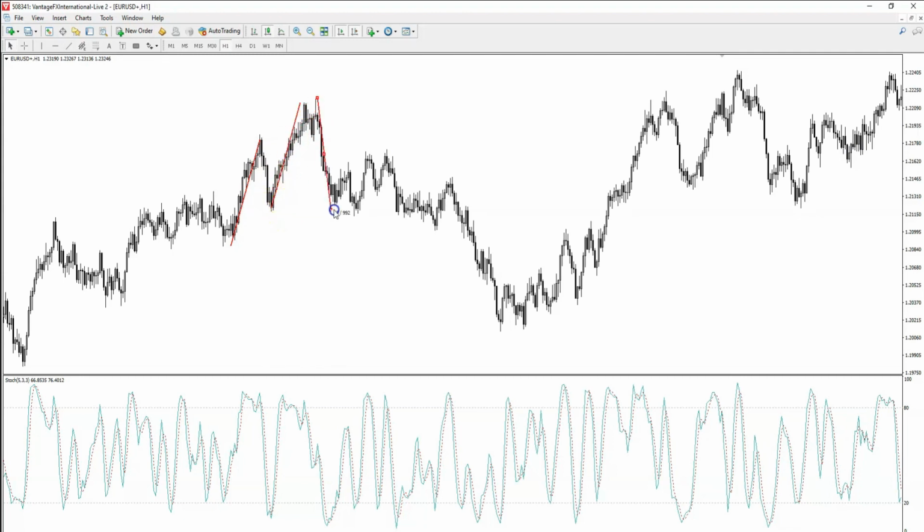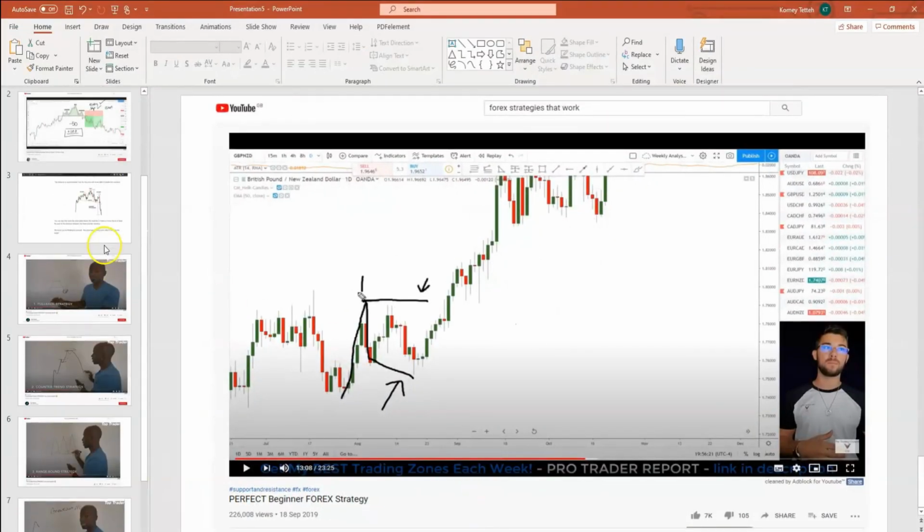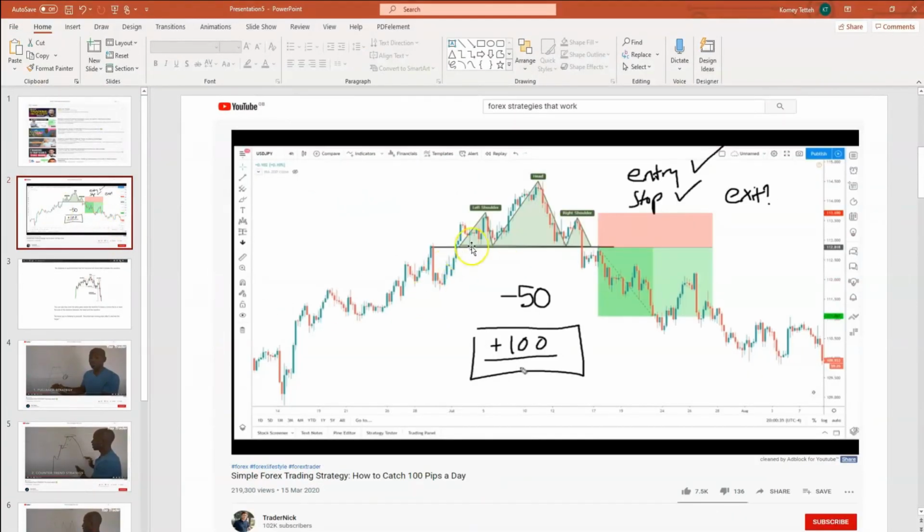I'll just draw this out. Okay, so what we've got here on a random chart, which we've created, is pretty much identical to what Mr. Forex Guru over here is saying.